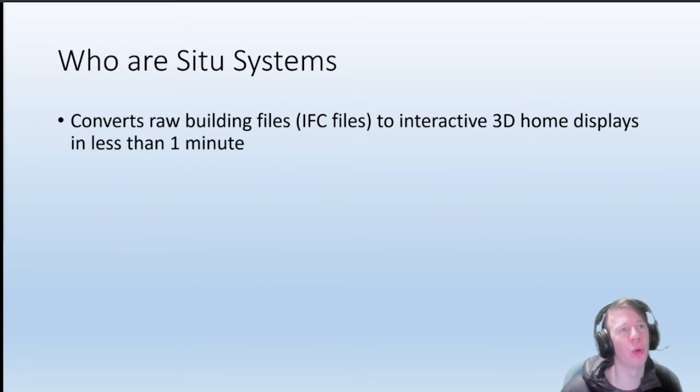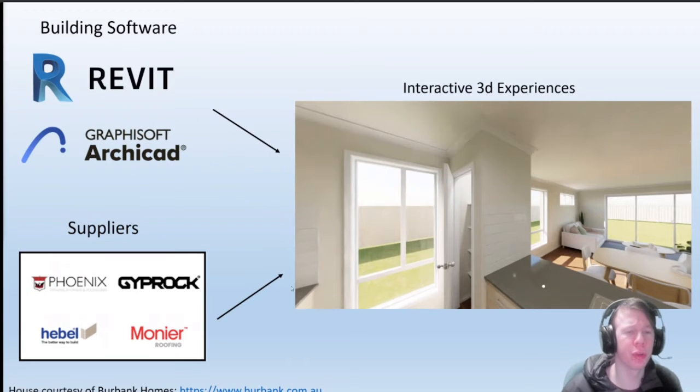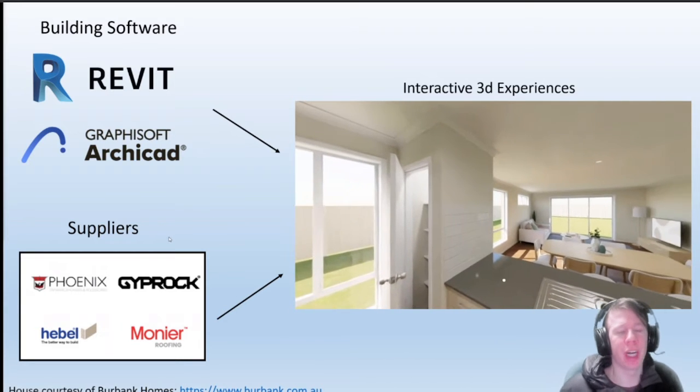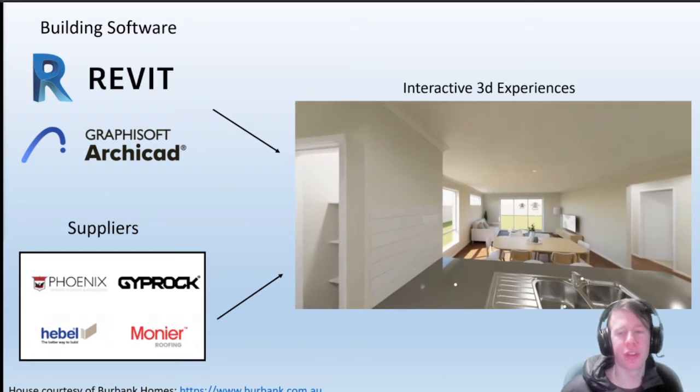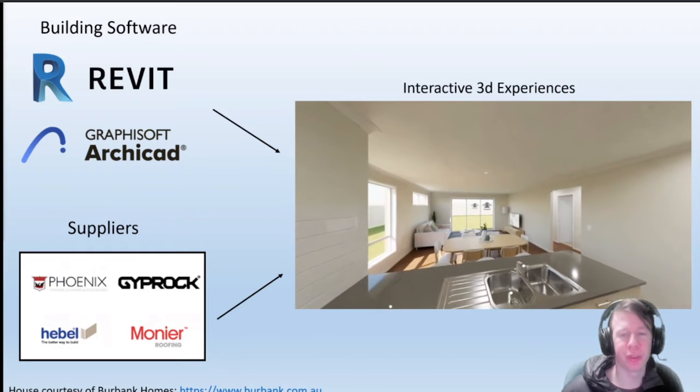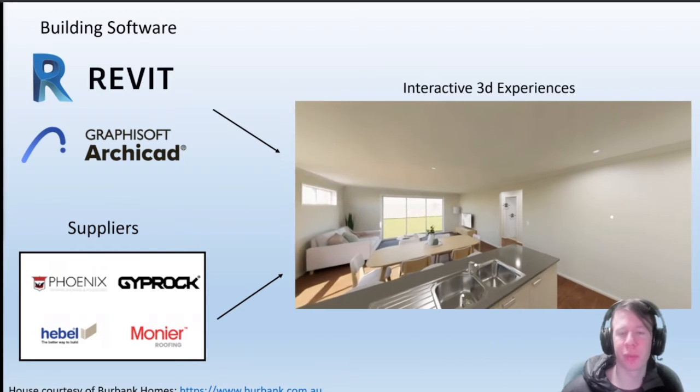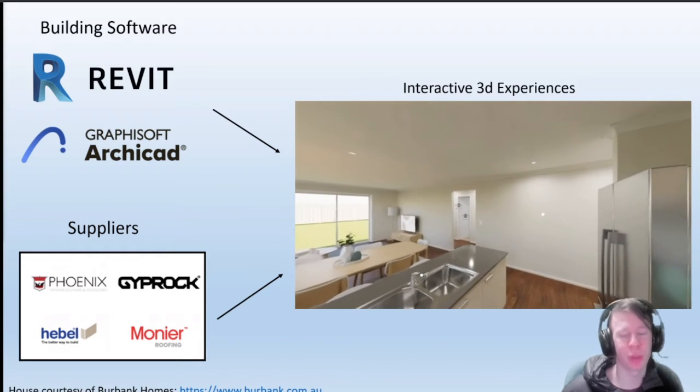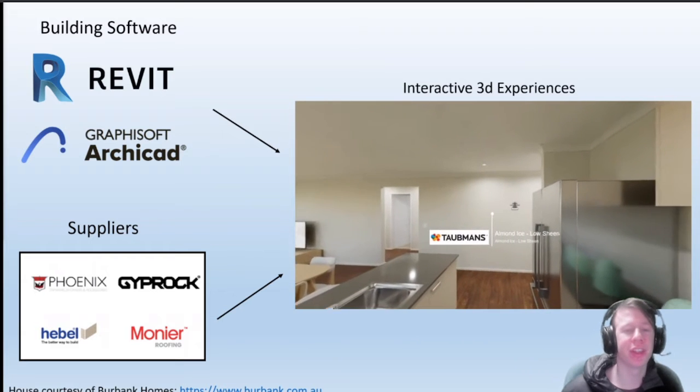They're just the walls, bench tops, and there's no super visualization there. So we also partner with suppliers. So we actually put real ovens, real bench tops, real paints, real flooring, real tiles into these houses.